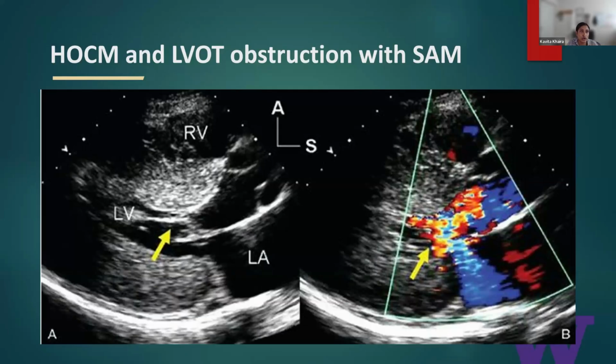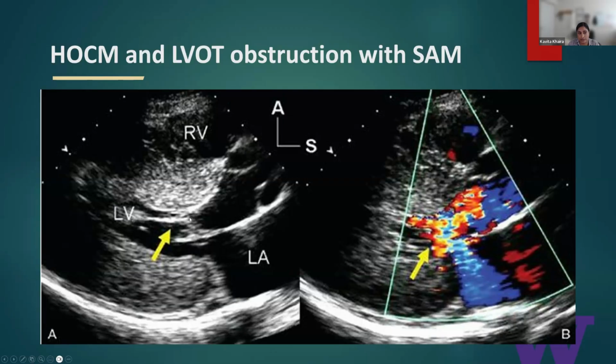So in hypertrophic cardiomyopathy, you get LVOT obstruction for a few different reasons. Number one is that the interventricular septum is thickened, which narrows the LVOT and creates flow acceleration through the LVOT. That flow acceleration can cause the anterior mitral leaflet, which is shown here, to be sucked up into the LVOT.